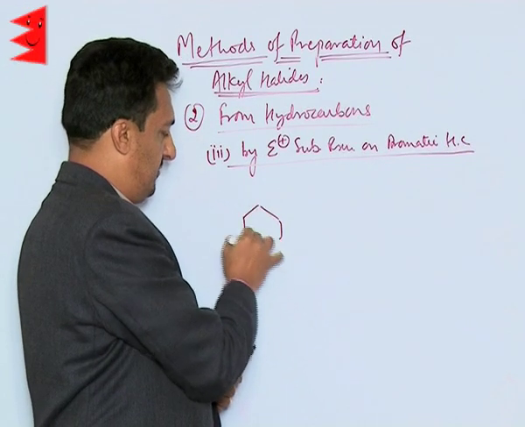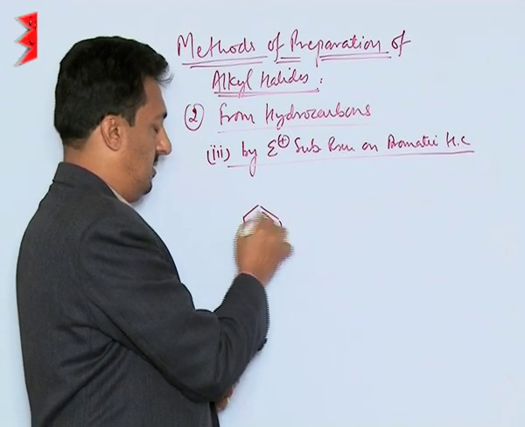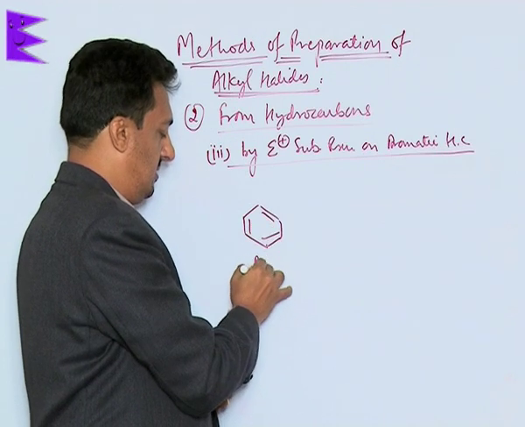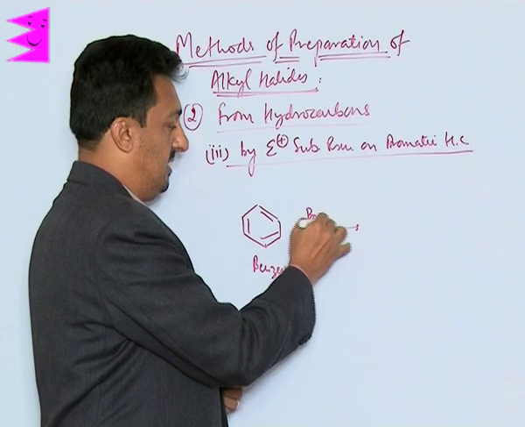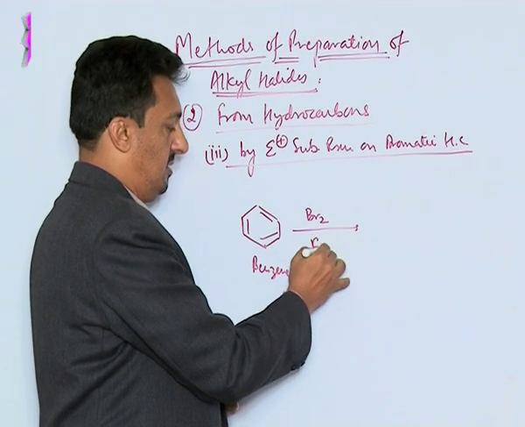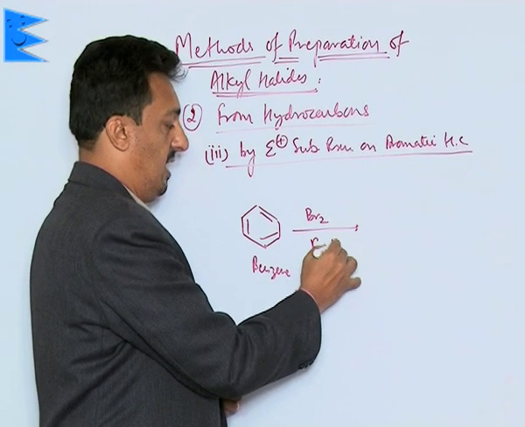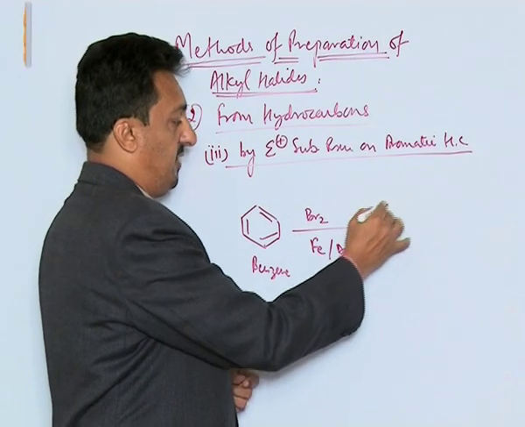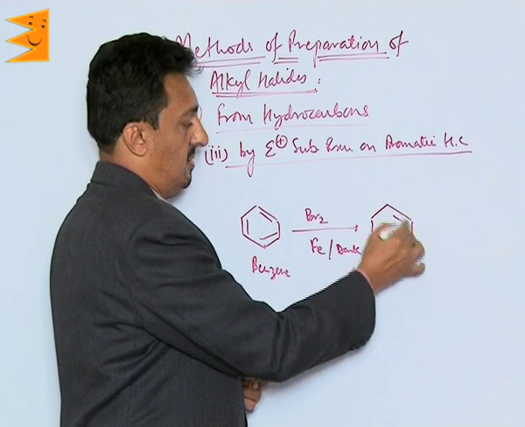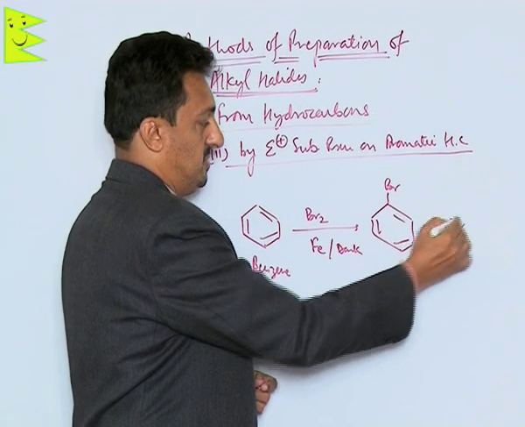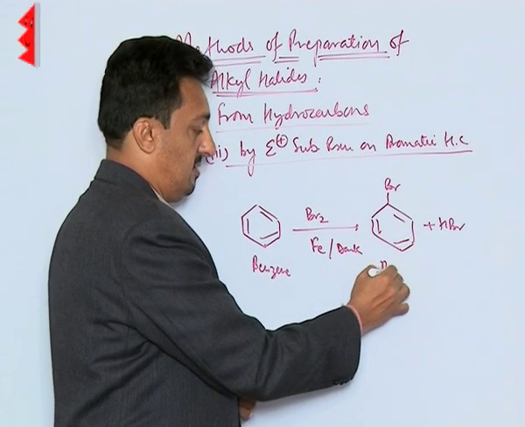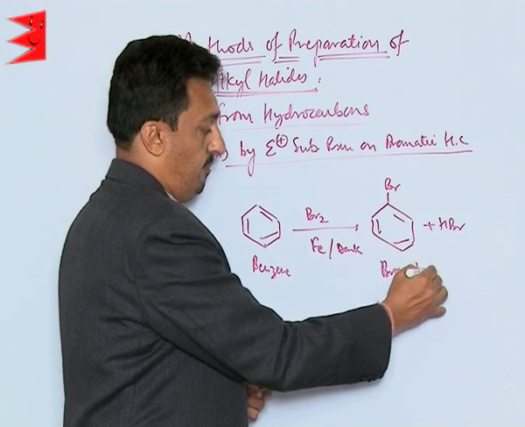Suppose we have this benzene, we can put bromine here, with Fe, in the dark. What we find is we get bromine on the ring and HBr. So this is how we can prepare bromobenzene.